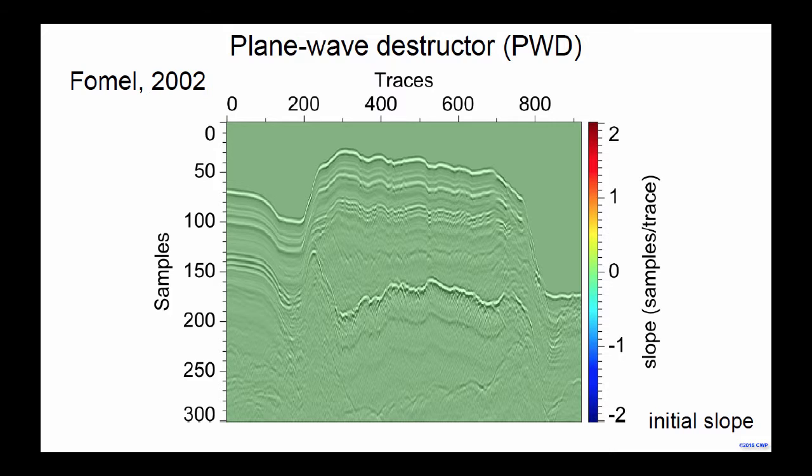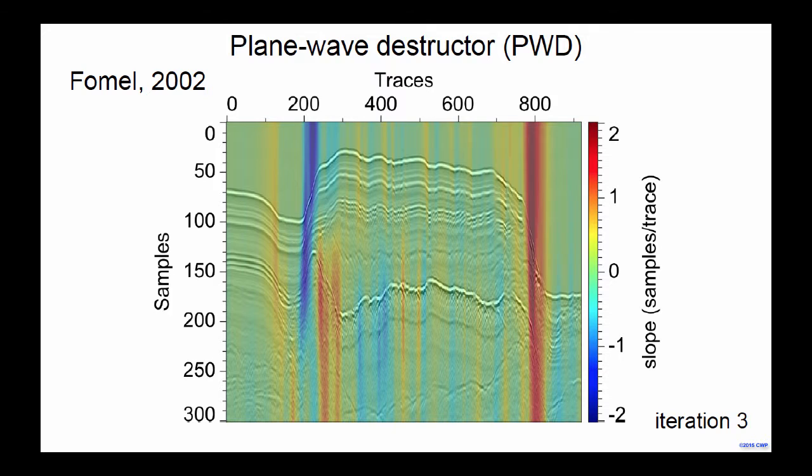We start off with an initial slope image, and the default in the Madagascar software package is an initial slope value equal to 0. From there, we iterate a number of times until we converge to the slope image that we desire. In this case, we do 5 nonlinear iterations, again being the default in the Madagascar software package.